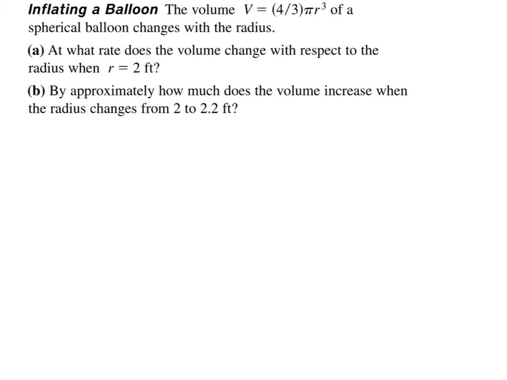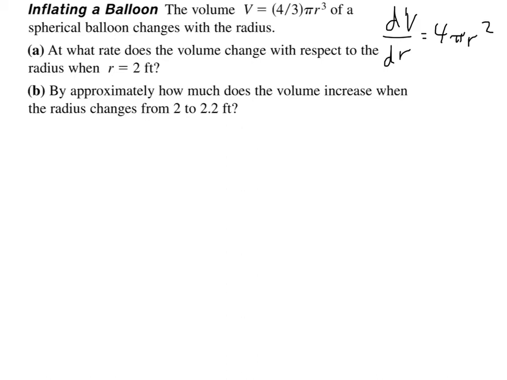At what rate does the volume change with respect to the radius when r equals 2 feet? So we just want to find out, what is the rate of change of the volume in terms of the radius. So we just take the derivative of this. So we would say dV over dr is equal to, just use your power rule, 3 times 4/3 is just 4 pi r squared.